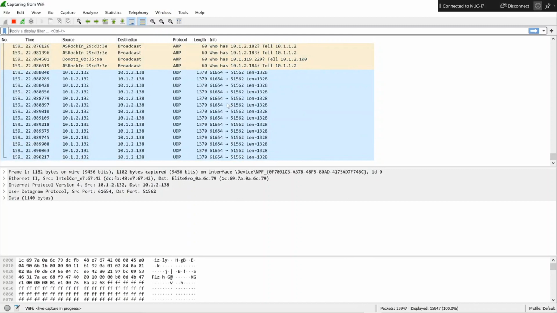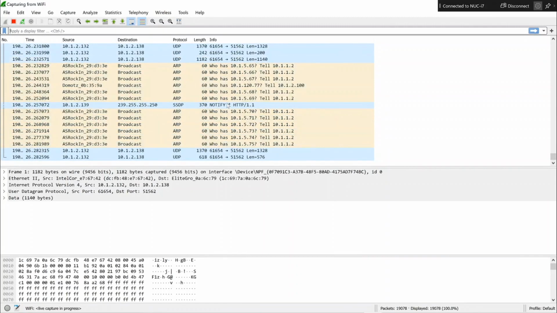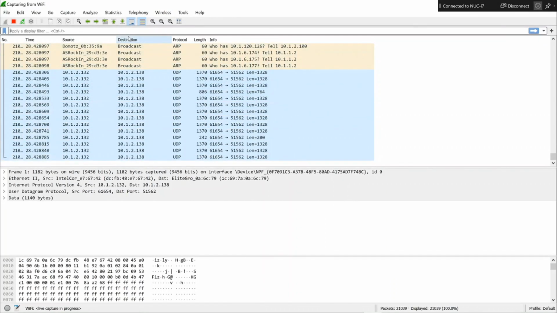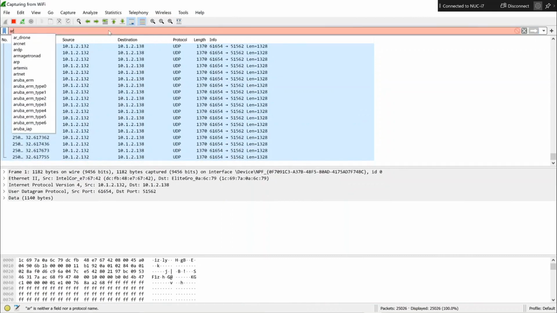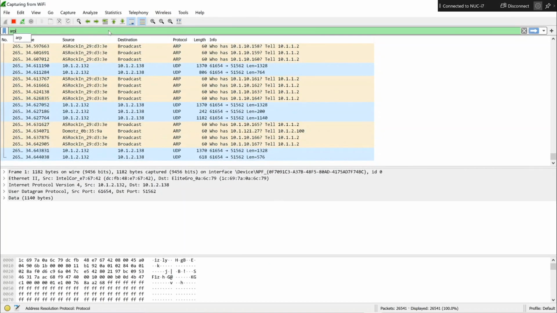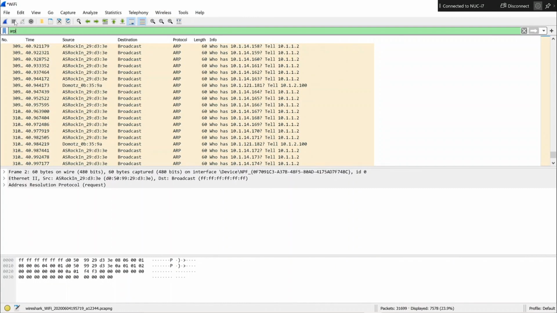Those yellow brownish ones are ARP requests, so quite a couple of them going through. And then a lot of UDP traffic that I see. I'm going to filter this so that I can only see the ARP requests, and you can see them going through the system. And let's stop it there so that we can explore this in a bit more detail.